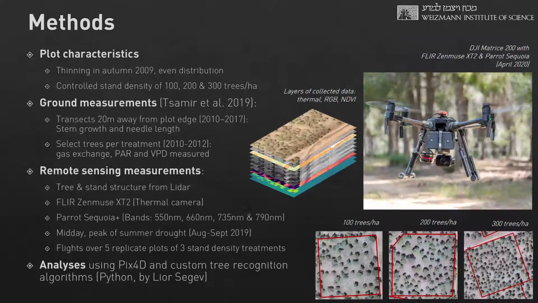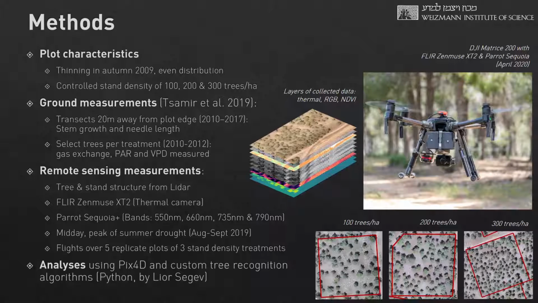temperature. In terms of our methods, we used some long-term ecological research plots that were thinned to an even distribution in 2009, and they had a controlled density of 100, 200, and 300 trees per hectare.